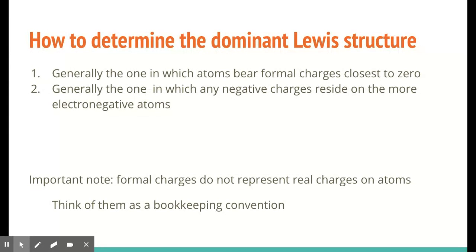The second way you can find the dominant Lewis structure is the one where any negative charges reside on the most electronegative atoms. So if you don't have a 0 formal charge on all your atoms, then make sure the one that has the negative formal charge on your most electronegative atoms is going to be the dominant structure.